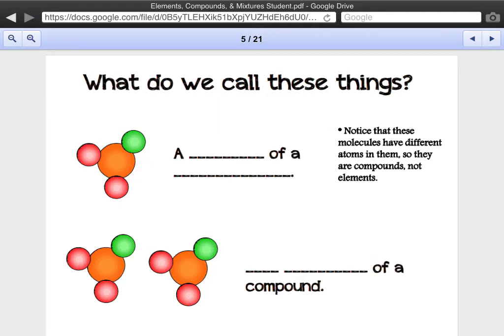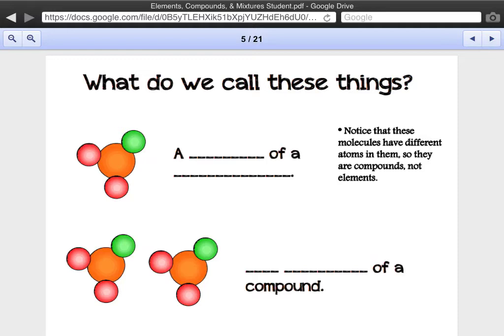This is a slide of 2 different diagrams that it gives you. This one we're going to talk about first. This is a molecule of a compound. We know it's a molecule because there is more than one atom joined together, and we know it's a compound because you see different types of atoms joined together.